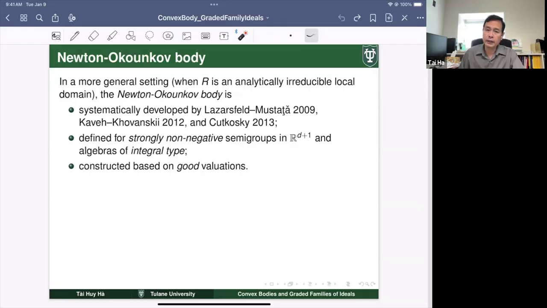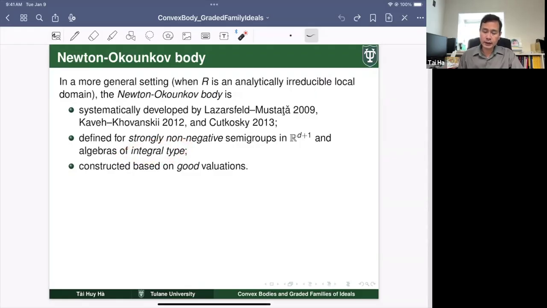The Newton-Okounkov body is inspired by Okounkov's work. It was systematically developed by Lazarsfeld and Mustață, and then Kaveh and Khovanskii, and then by Cutkosky about a decade ago. Generally, the Newton-Okounkov body is defined for strongly non-negative semigroups, or if you go to the algebraic side, it's defined for algebras of what they call integral type.